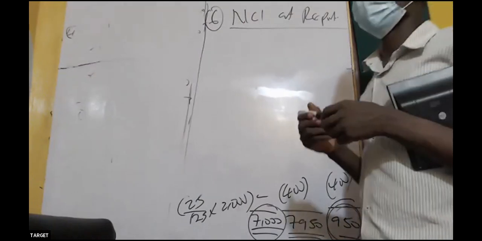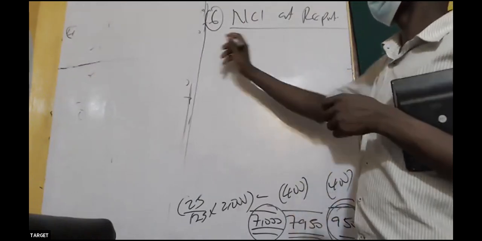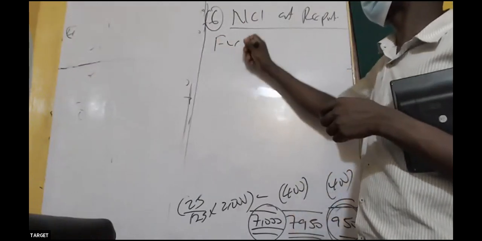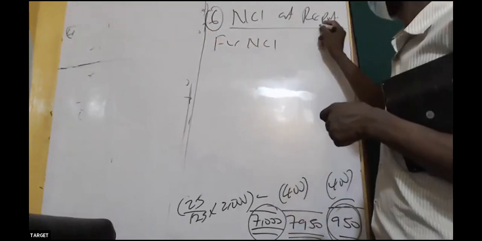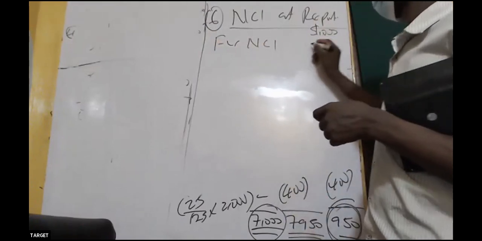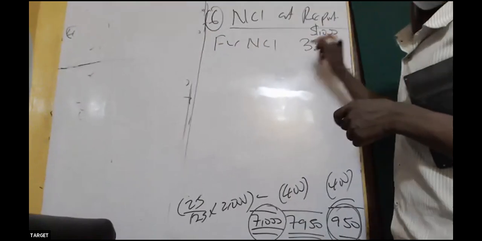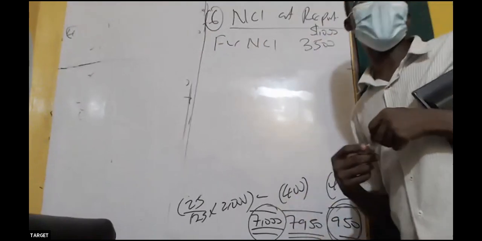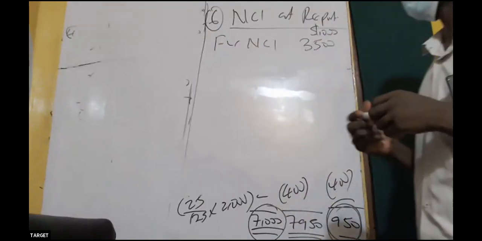Now, bring the fair value of NCI at the date of acquisition. Take it from the goodwill computation. We had 3,500, the NCI at acquisition, 3,500.